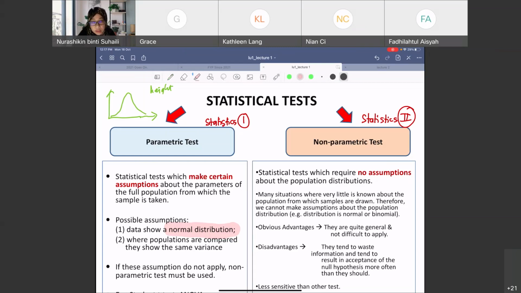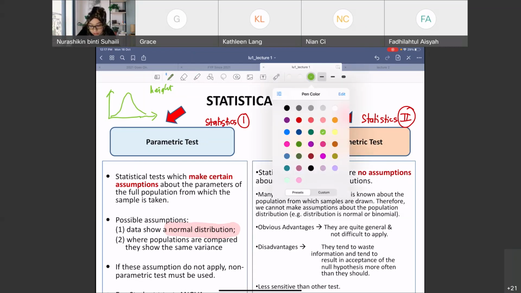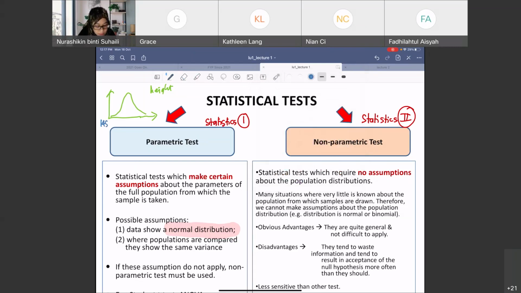the height is from 148 cm to maybe 175 cm, let's say that's the maximum.